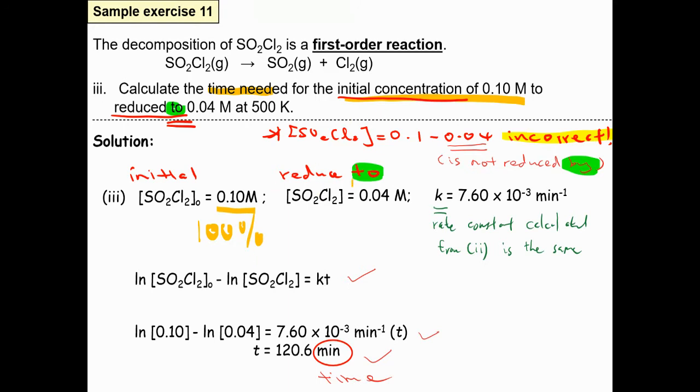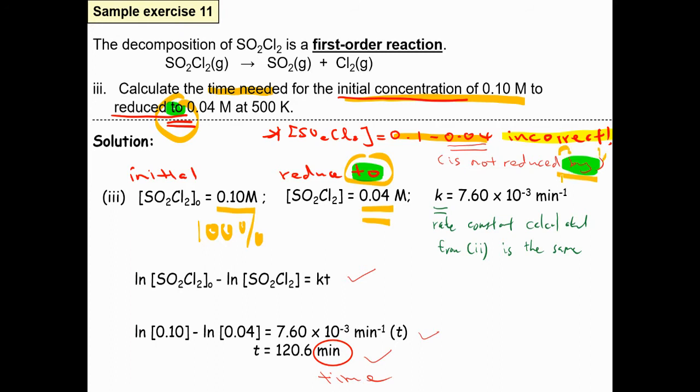Then there's one important keyword here, that is, it says reduce to. Reduce to means that the leftover or final concentration is 0.04. If you use 0.1 minus 0.04, then it is incorrect, because the keyword given is reduced to, not reduced by.